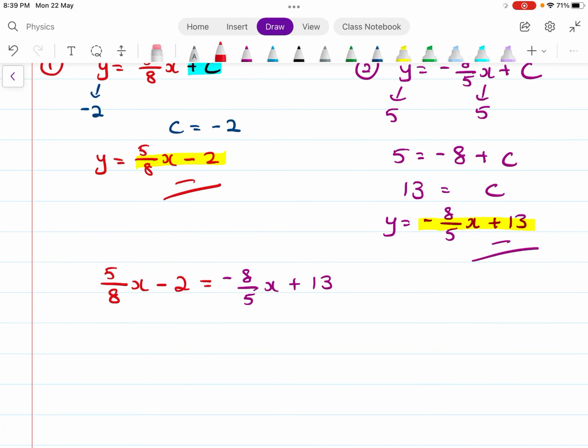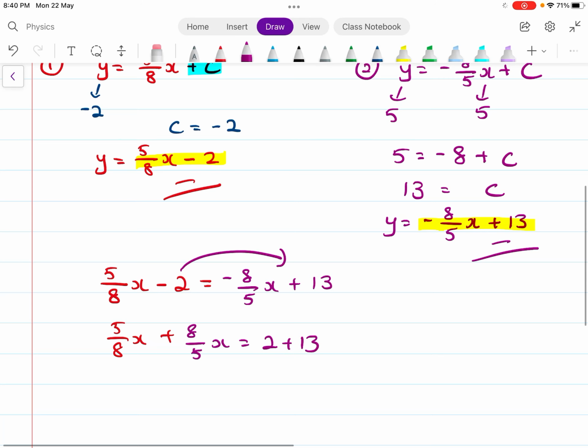Move all the x to the left hand side, so 5 over 8x plus 8 over 5x. The negative 2 you move to the right hand side, so it's 2 plus 13.